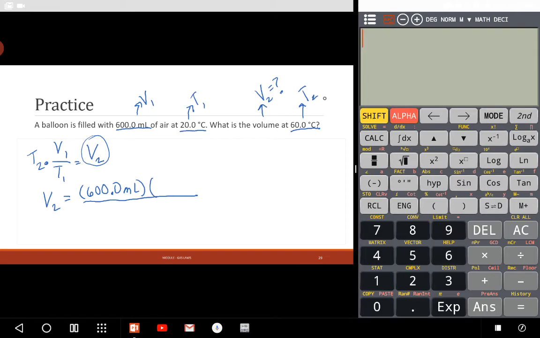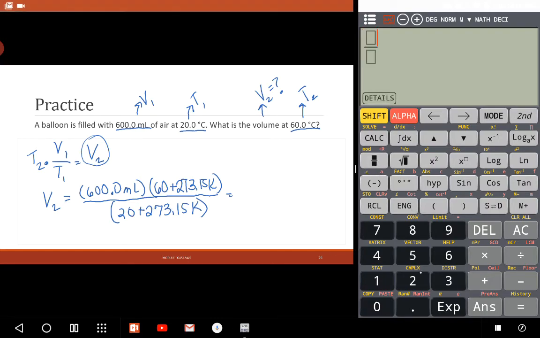My T2 is equal to 60 degrees Celsius, so I'm going to need to convert that into Kelvin. And then my T1 is going to be in the denominator, which is going to be 20 plus 273.15. So you can see here that the 273.15s do not cancel out because they are added, and math doesn't let you do that.